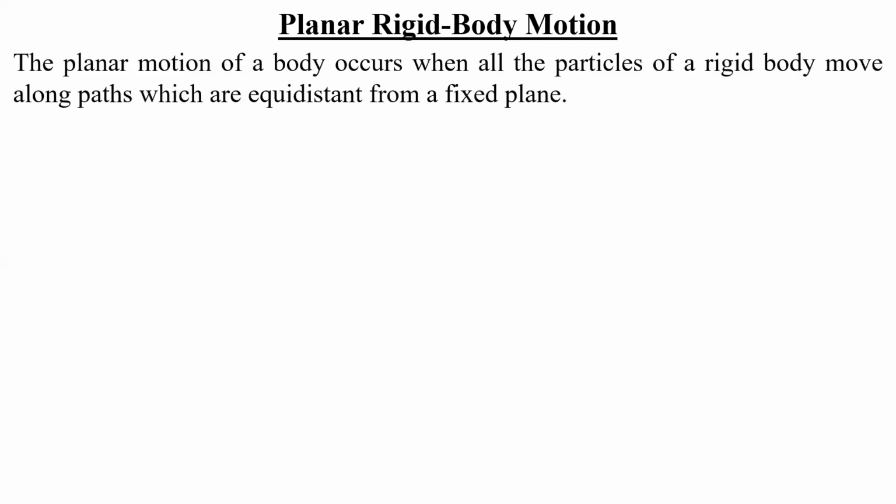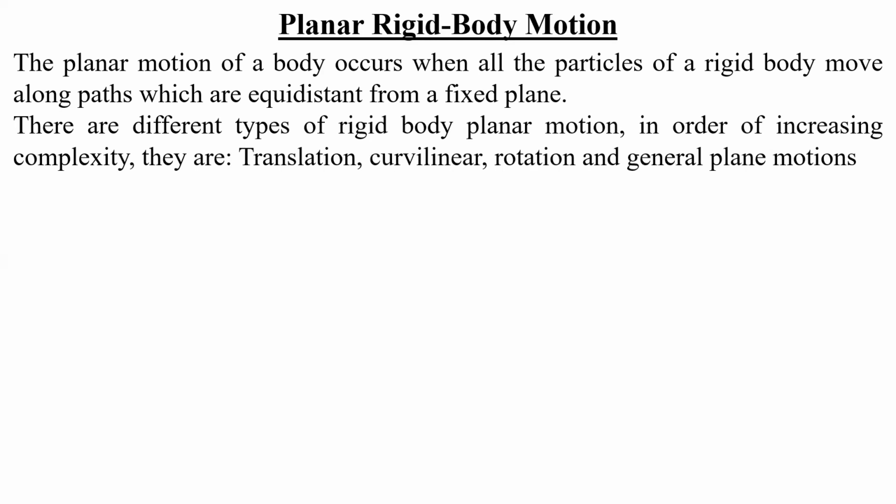Planar motion of a body occurs when all the particles of a rigid body move along paths which are equidistant from a fixed plane and from one another.